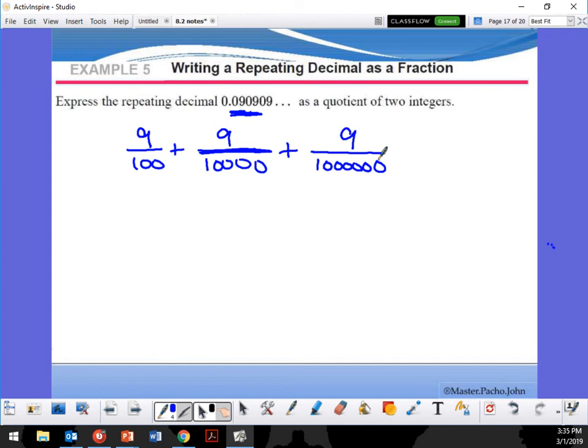Because the pattern repeats, they're all going to have the same value on the outside. So it's going to be factoring that out, so it's going to be 9 over 100 times 1.